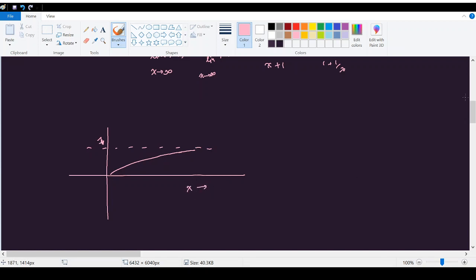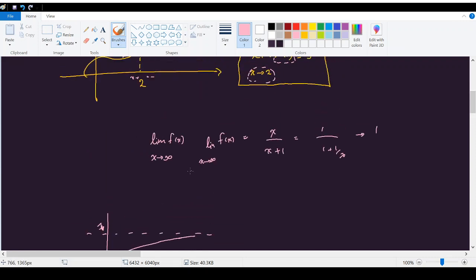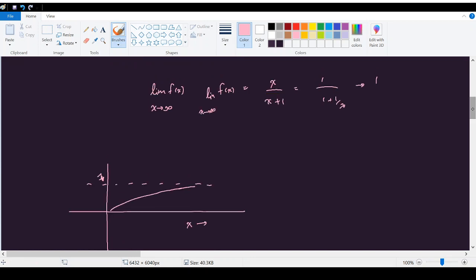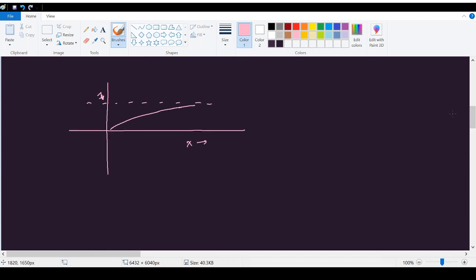And now all these things are defined for functions, right? And remember, in the very first video I mentioned we can always consider a sequence also as a function.